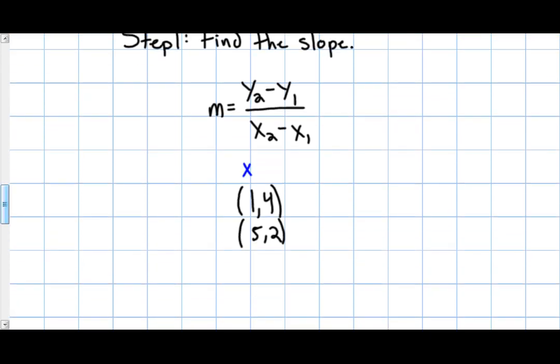And remember, this is my x column and my y column. This is my 1 row and my 2 row. So y2 is 2, y1 is 4, x2 is 5, and x1 is 1. So 2 minus 4 is negative 2. 5 minus 1 is 4. So the slope is negative 1/2.